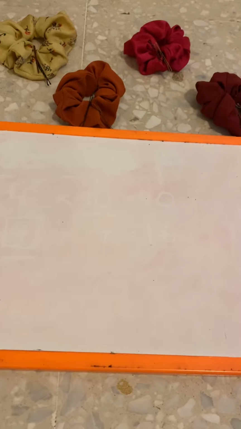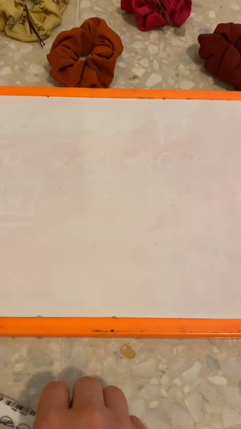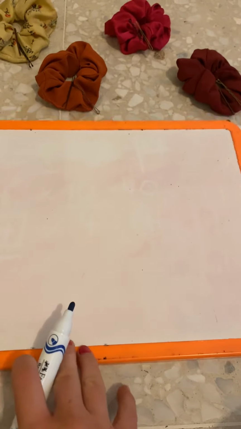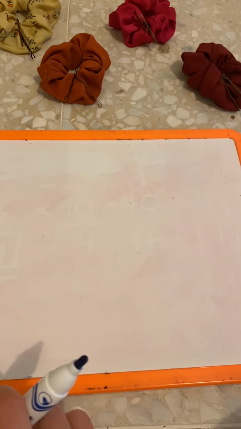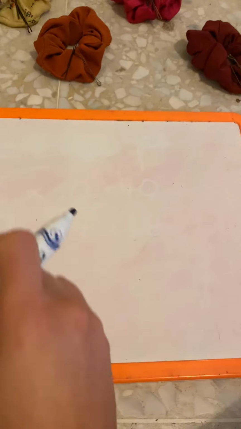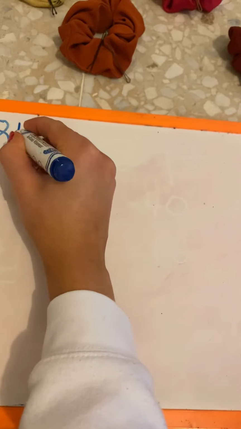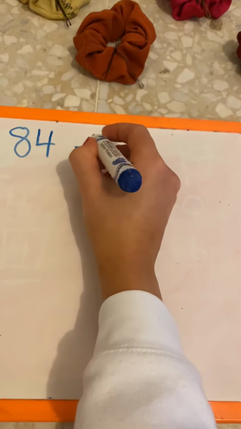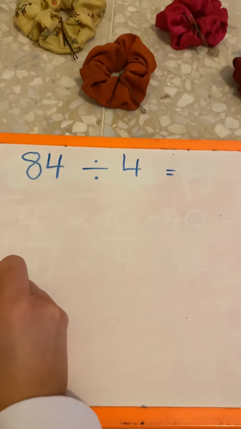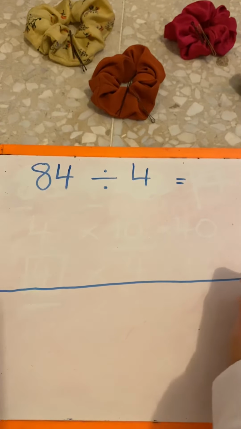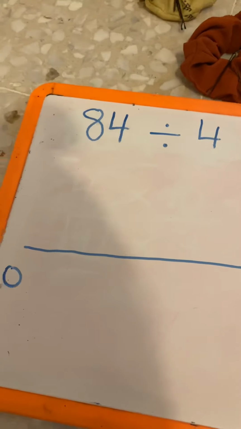Another way we could try this out is on a number line. So let's take now the number 84 and let's divide that by 4. Let's draw a nice number line. We'll put our number 0 here, and we could put our 84 here.